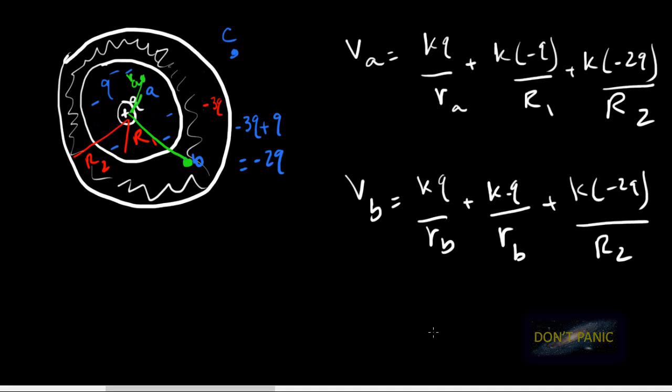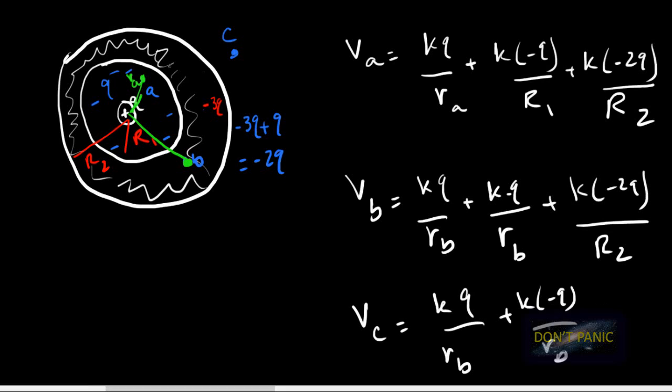And then the potential at C is going to be, now you're outside everything, so it becomes KQ over RC plus K times negative Q over RC plus K times negative 2Q over RC. Same thing here.